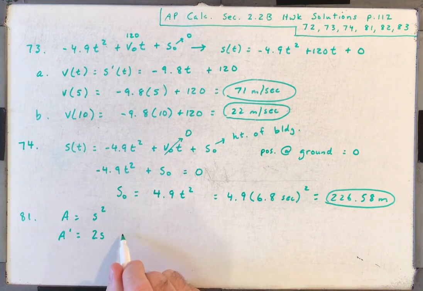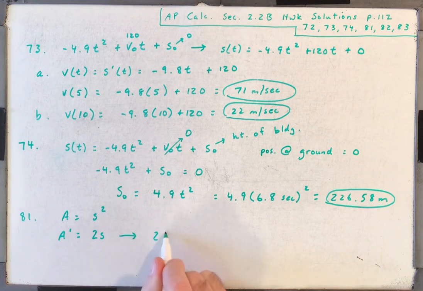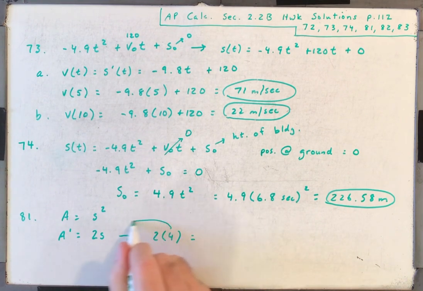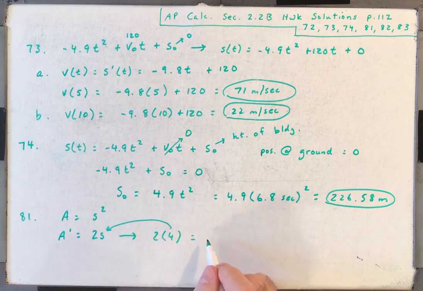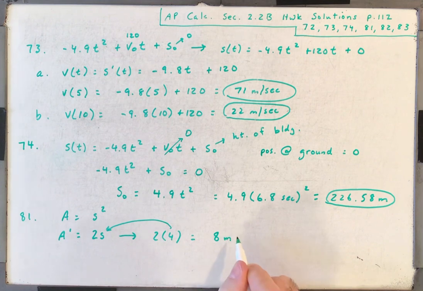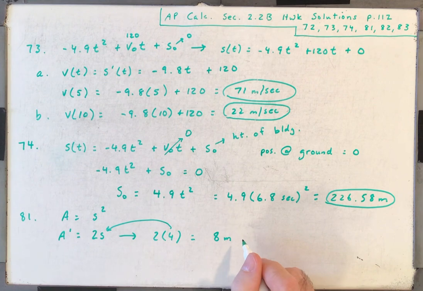So at 4 meters, we'd have 2 times 4. I'm going to plug that 4 right in there. 2 times 4, which is 8 meters. Find the rate of change with respect to s. So that's 8 meters squared, I guess.